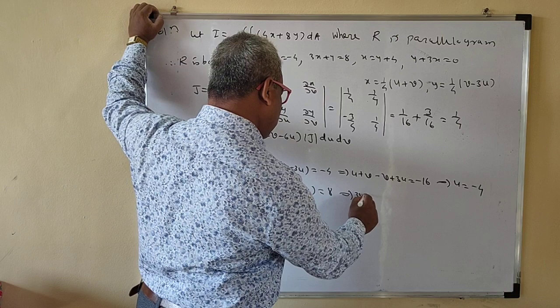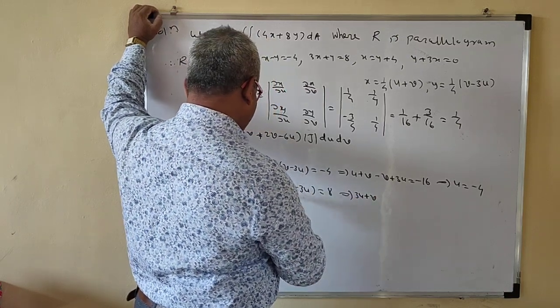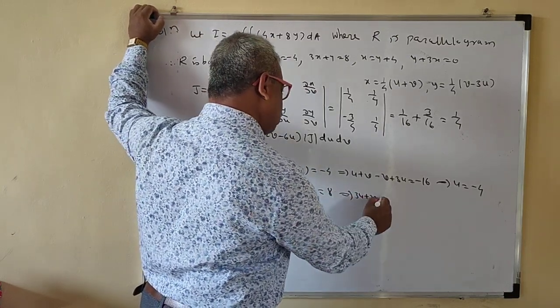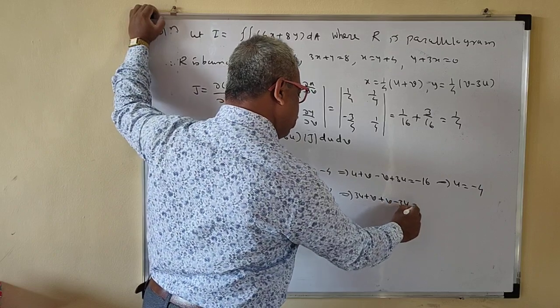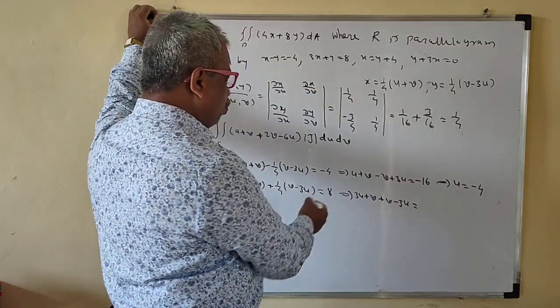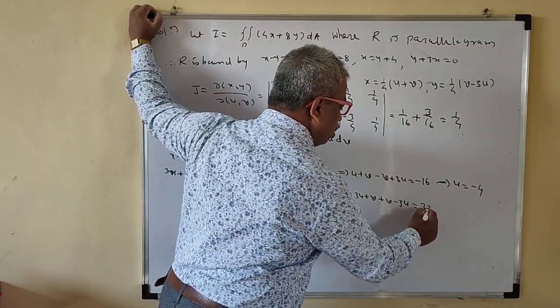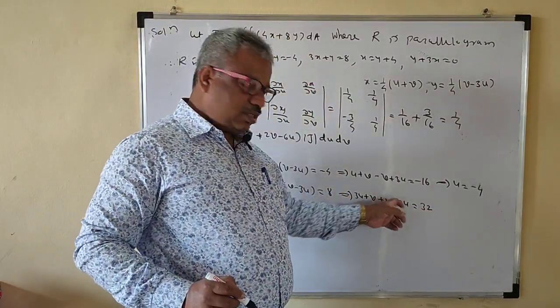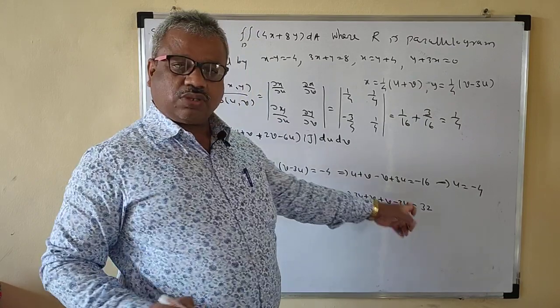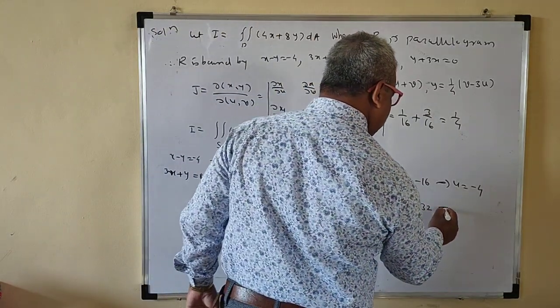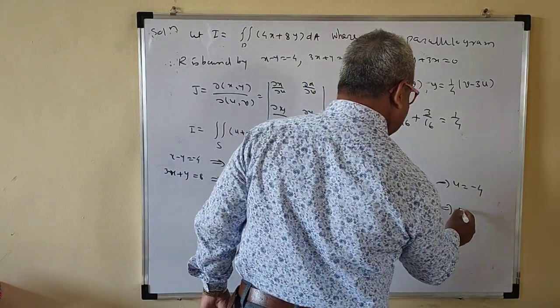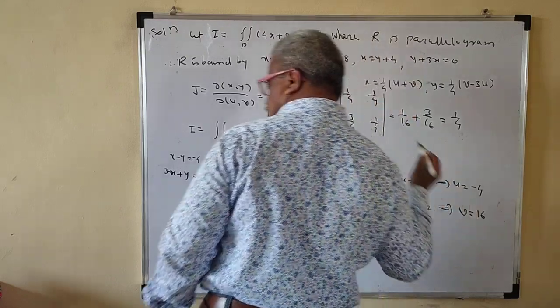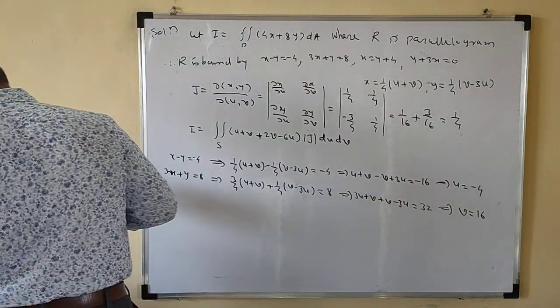So this is 3(u plus v) plus (v minus 3u) is equal to 8 into 4, that is 32. Again here 3u gets cancelled. So 4v is equal to 32, that means v is equal to 8.